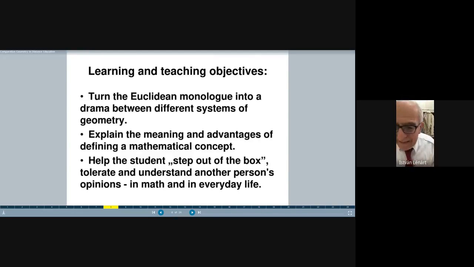And this way, if you try to understand a different standpoint in, for example, geometry, this is a model for stepping out of your one-way thinking and changing your point of view, to become empathic toward another person. So, under the disguise of geometry, you teach maybe even much more about human communication. Please go up.